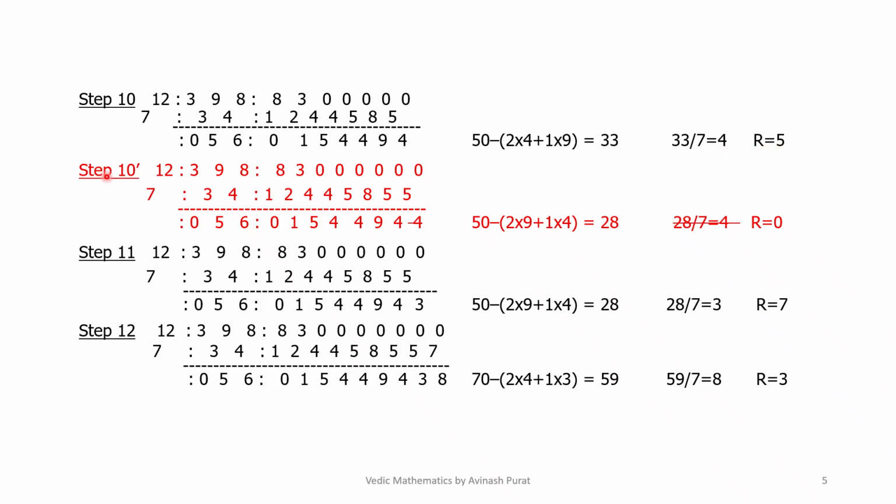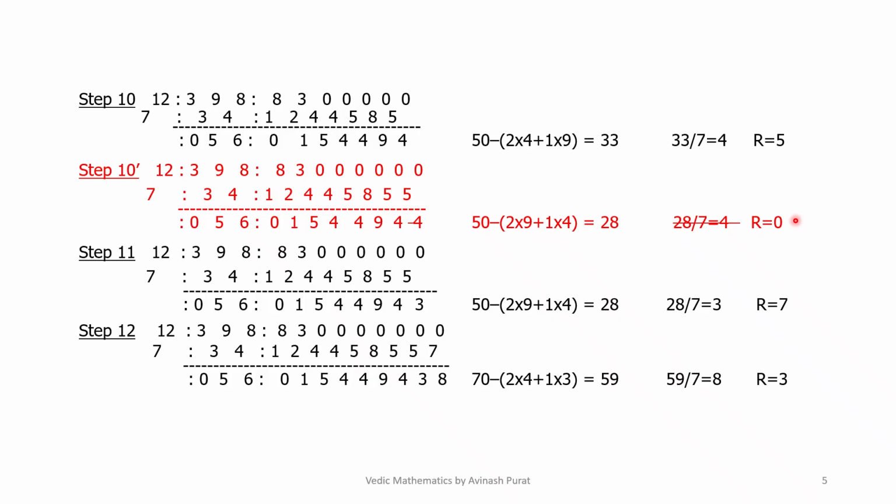Next step, step 10 dash we take. 5 is remainder, so 50 minus 2 into 9 plus 1 into 4, that is 18 plus 4, 22. 50 minus 22 is 28. Now 28 by 7 equals 4 and remainder is 0.